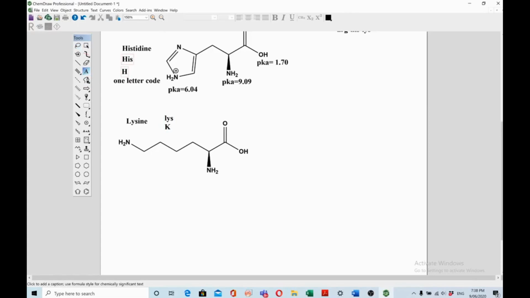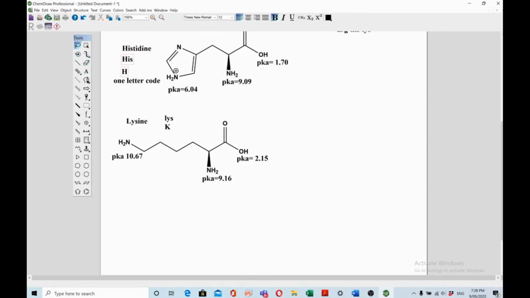Now the pKa of the most acidic group will be this, as you know, and the pKa will be 2.15. The pKa for this will be 9.16, and the pKa for this will be 10.67.